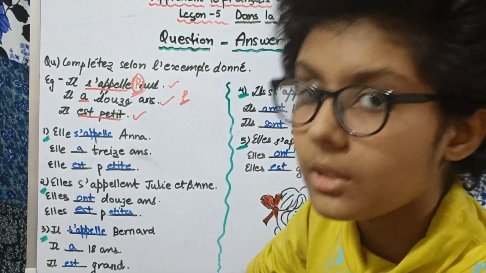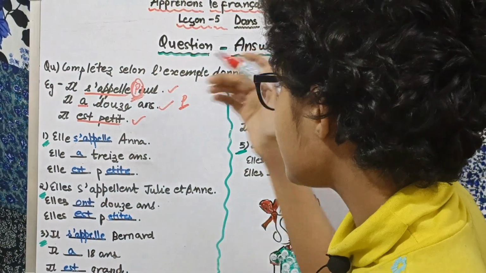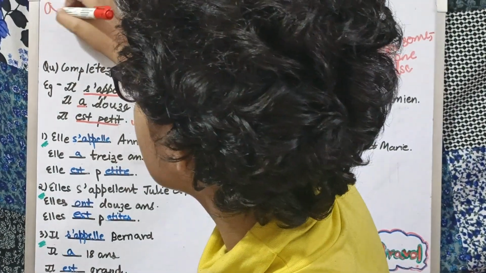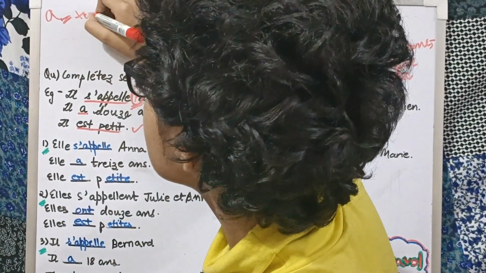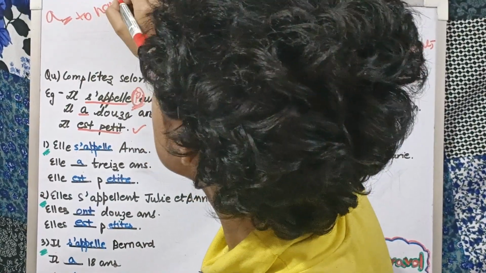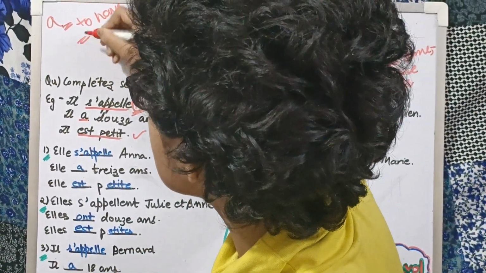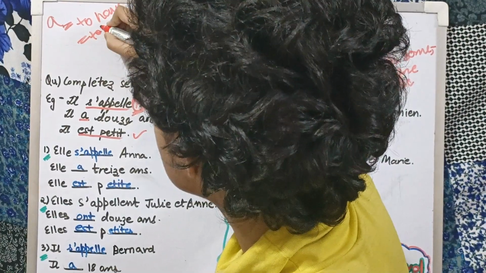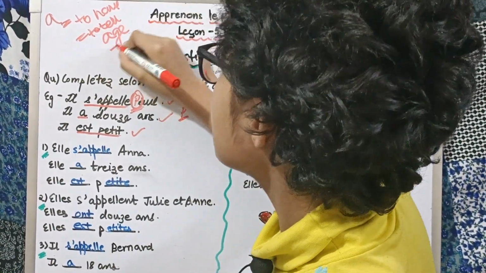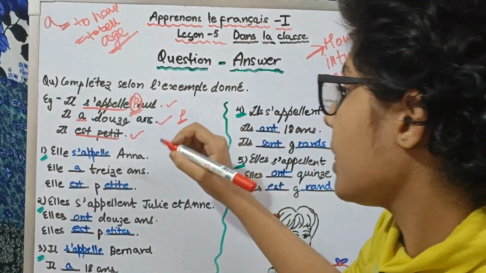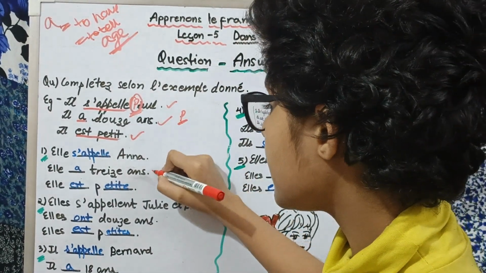You all know that another use of verb avoir is to tell age. So avoir, here we have avoir verb. Another first use is to mean to have, and the second use is to tell age. To tell age. So now here we are using the same and to telling age.